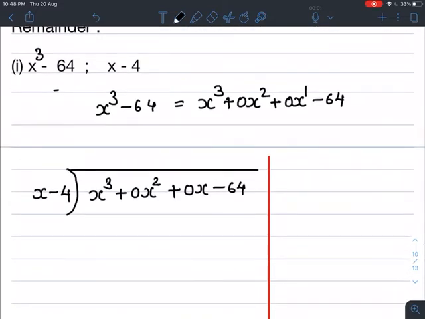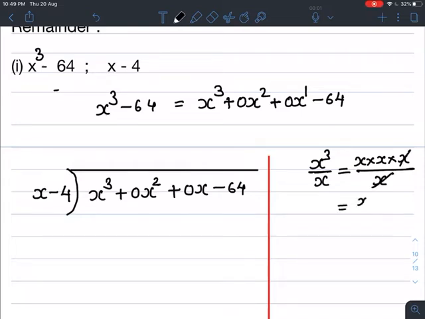So now we have to see division. First you have to observe this first term x cube. We have to divide by the first term of the divisor, that is x. So I can write here x cube upon x. If you don't know, you can write x cube means 3 times x, upon x. x will get cancelled.